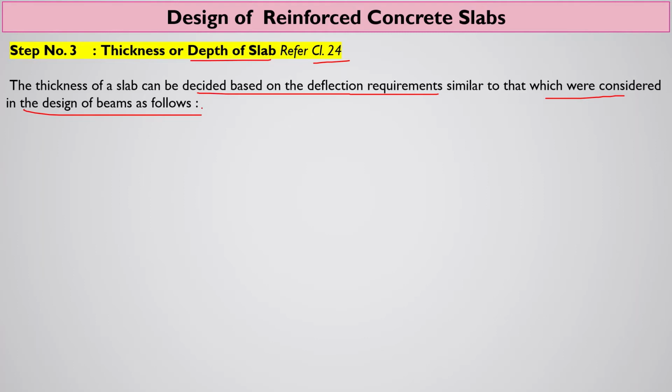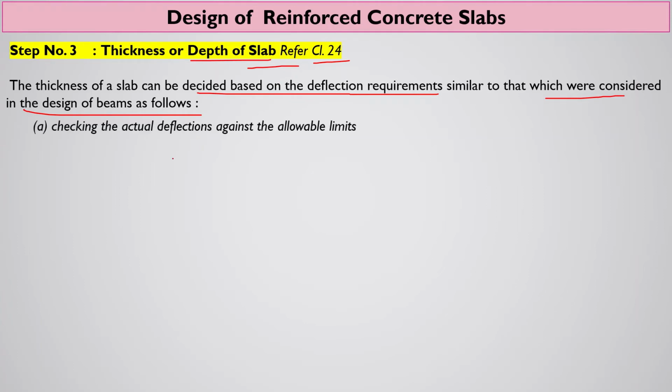So again we are repeating that because we are taking 1 meter width of the slab for consideration. So many things of the design or parameters of design are similar to the design of a beam.